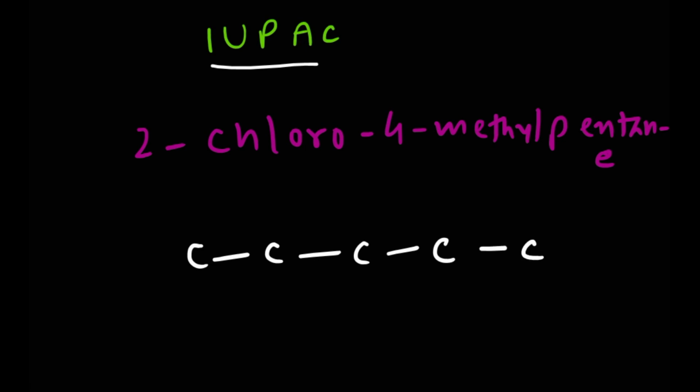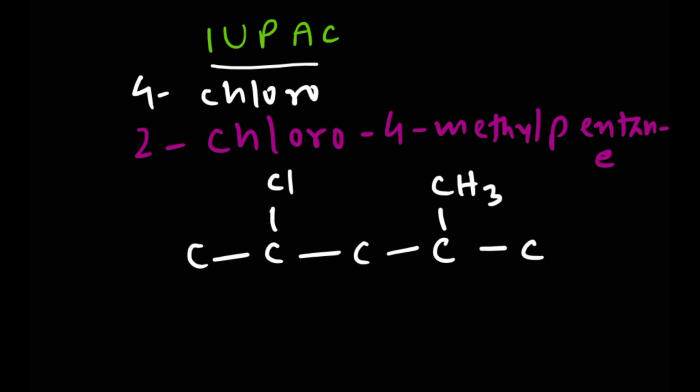Now in 2 position chloro and in 4 position methyl. So either it is 2-chloro-4-methylpentane or 4-chloro-2-methylpentane. That means which one is correct?